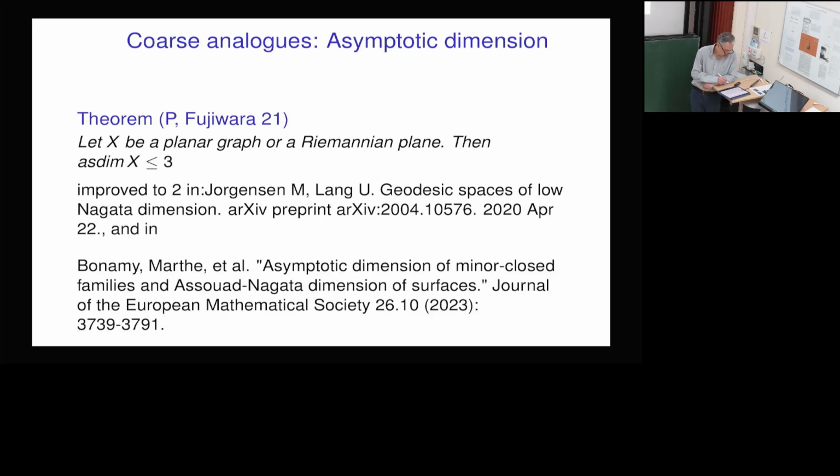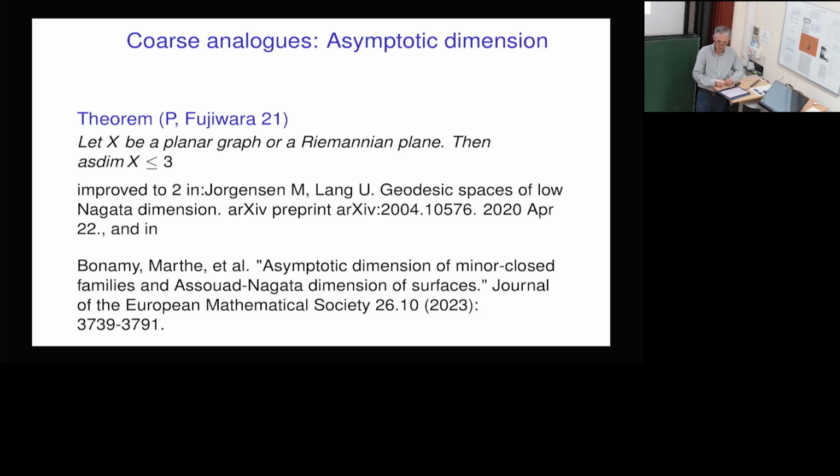And now this group, I don't remember if it's 7 or 8 authors, so I didn't list the authors. They also proved it, but they did something better. We had conjectured in this paper that for planar graphs, and even for minor-restricted graphs, the asymptotic dimension should be at most 2. And these people proved it using this theory.